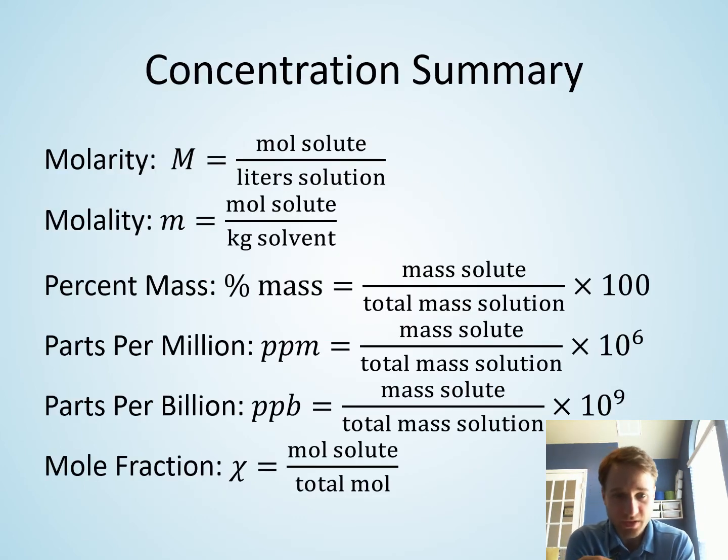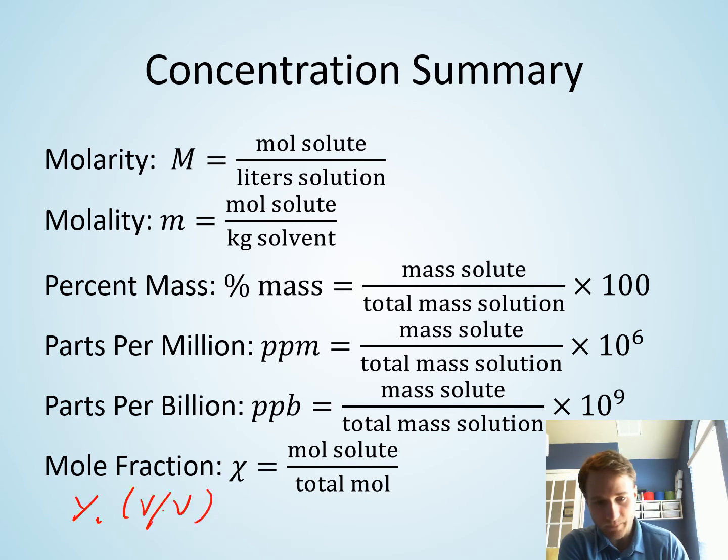Okay, so this slide is just a summary of these different concentration units: molarity, molality, mass percent, parts per million, parts per billion, and mole fraction. On this slide I didn't include the volume percent. Percent volume is the same type of thing as percent mass.